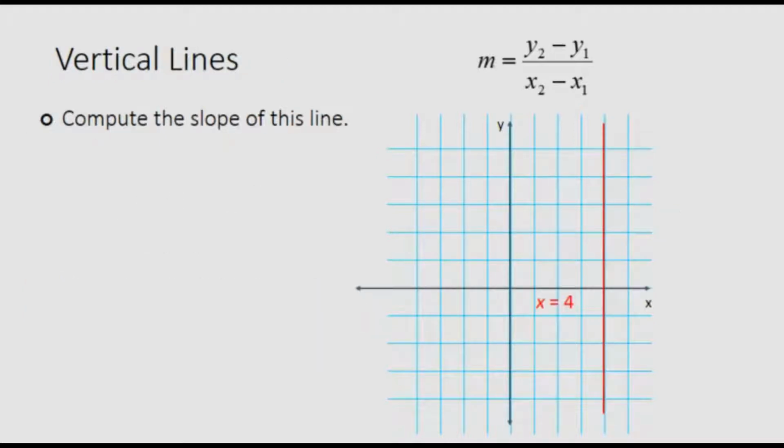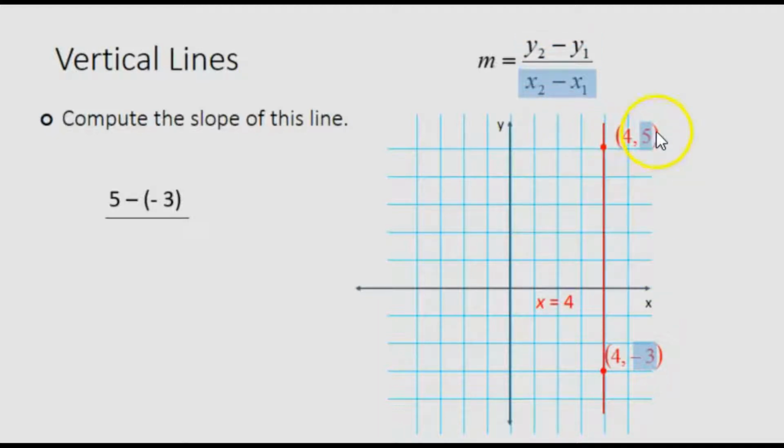What happens if we have a vertical line? Well, let's go through the same calculations to determine the slope. We'll find 2 points, finding the change in the rise here, which is found by subtracting the y coordinates from the 2 given points, 5 minus a negative 3, over the change in the x values.